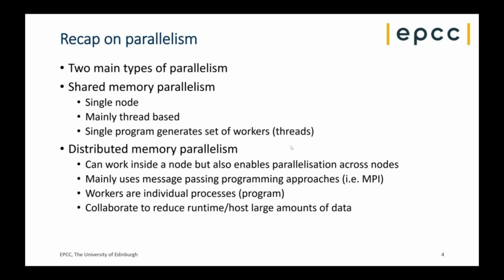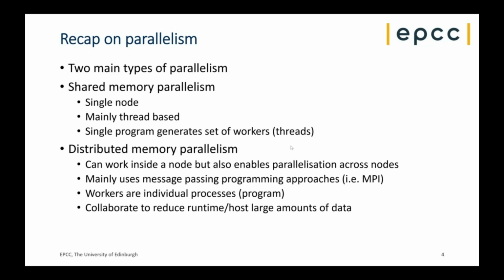Shared memory parallelism generally uses workers that are called threads, and these are individual workers from a single program that's running. This kind of parallelism is pretty easy to implement, but you can only ever use up to a single node. So on ARCHER2, that would be up to 128 cores or 256 threads.